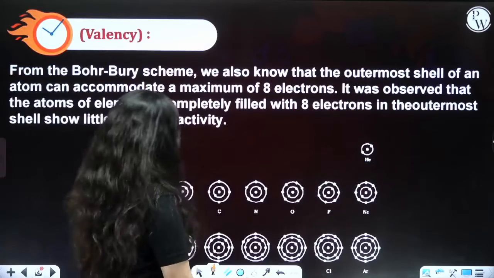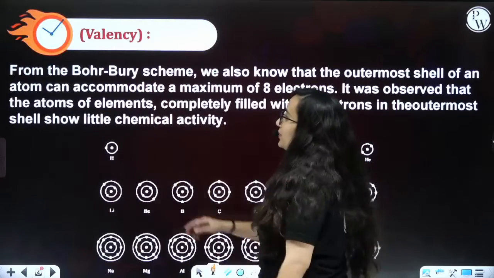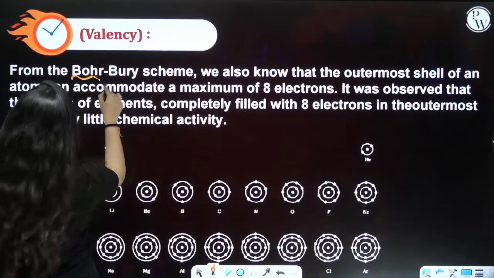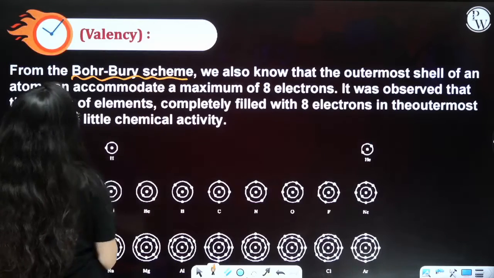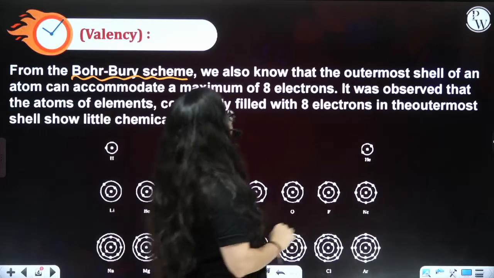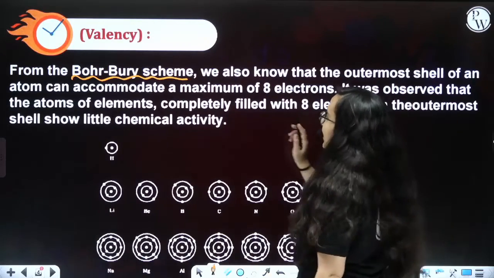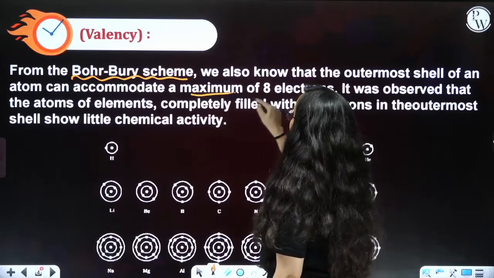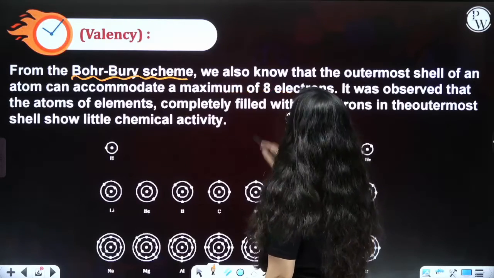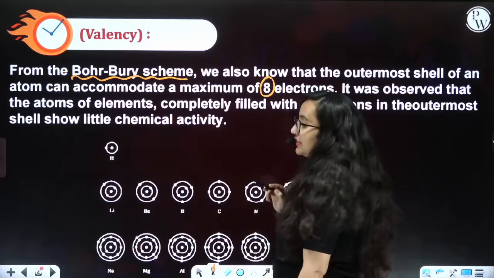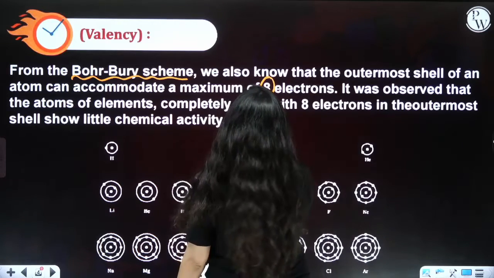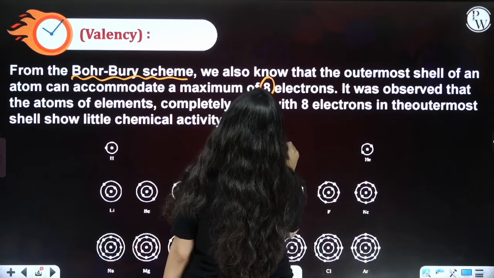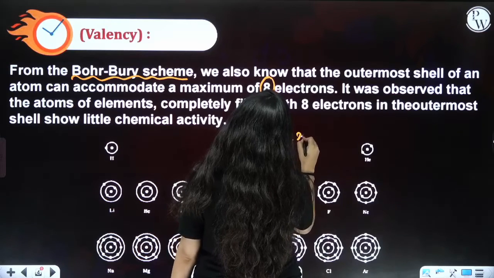From the Bohr-Bury scheme, which you must have studied in 9th, we know that the outermost shell of an atom can accommodate a maximum of how many electrons? A maximum of 8 electrons. And this rule is the octet rule.